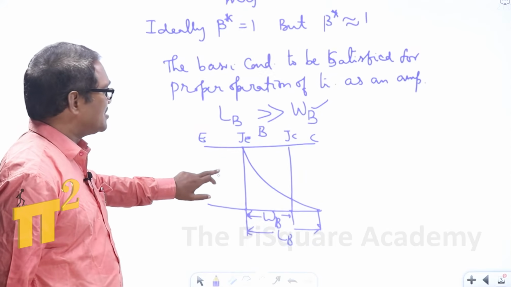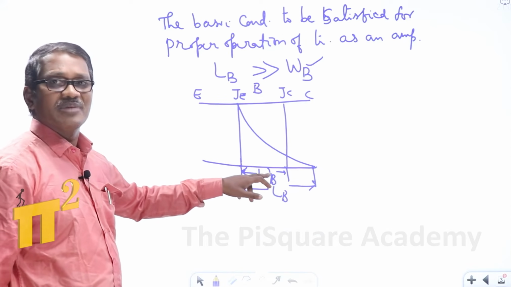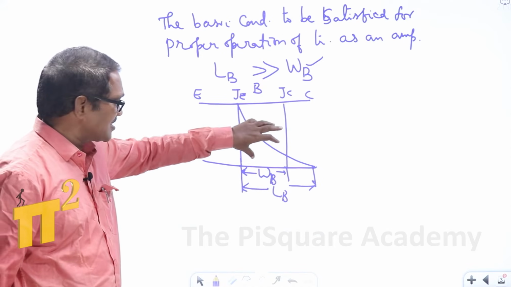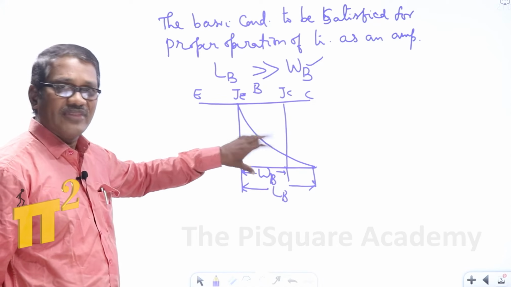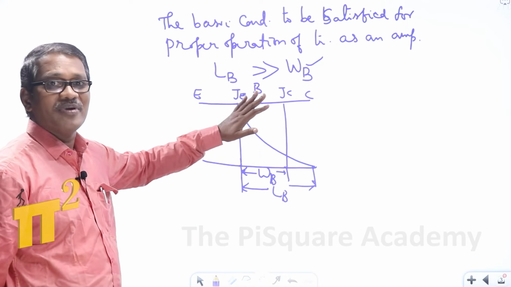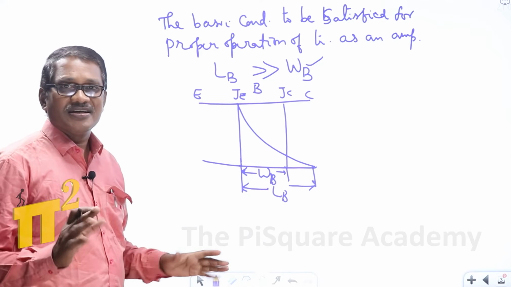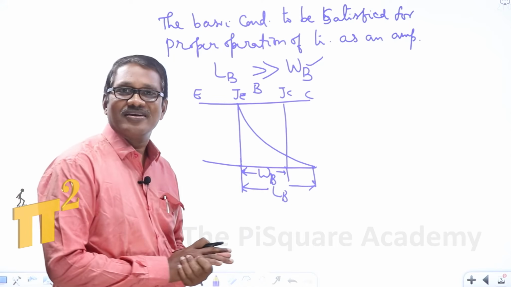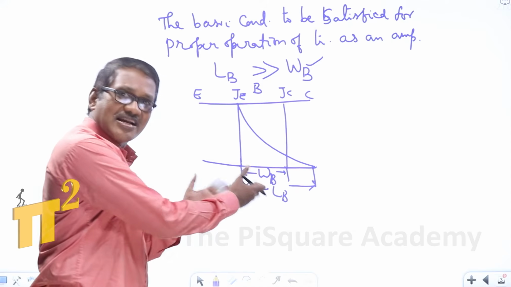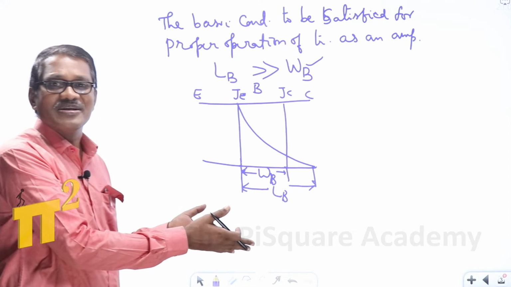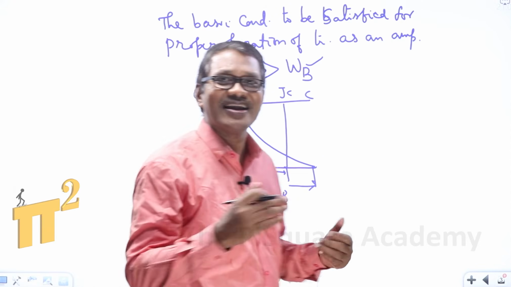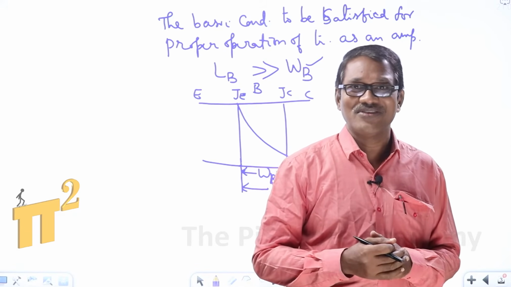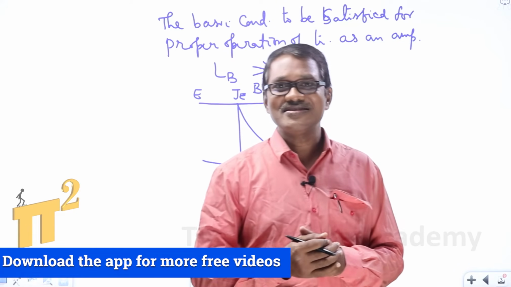Now this condition was satisfied. So schematically, if this condition is satisfied, then only the transistor can be operated properly. Otherwise, it cannot be operated properly. Why? Because if this condition fails, no charge carrier can reach the collector junction. Then how does the transistor work? What is the basic function of the transistor?